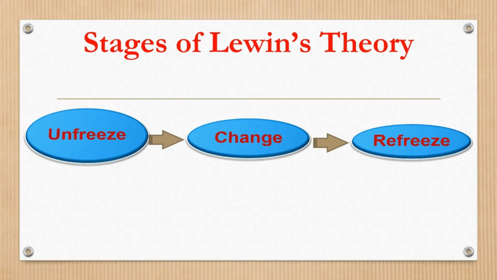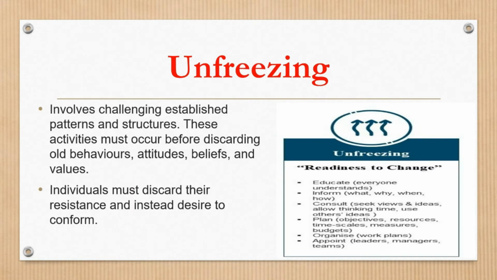Now for more details on the different stages of Lewin's theory involving unfreezing, change, and refreezing. During the unfreeze stage, patterns and structures that were already established will be challenged. A number of things will be discarded, such as old behaviors, attitudes, beliefs, and prior values.